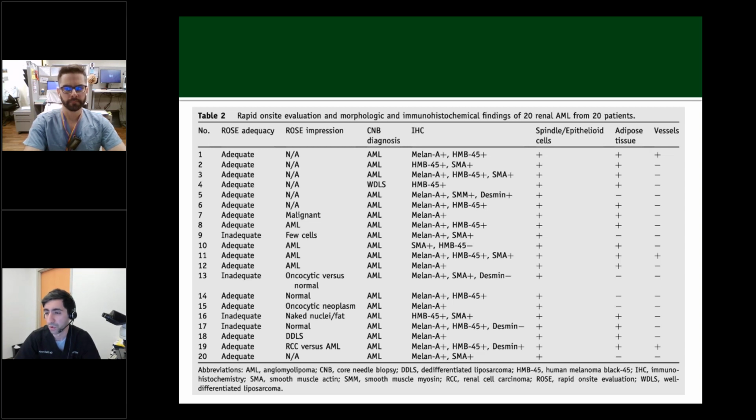Around 4 were impressed as angiomyolipoma. You can also see the IHC markers that they used. Melan A is mostly there, HMB45, and then a couple of myoid markers. They also talked about what components they saw, such as spindle cells, adipose tissue, or vessels.